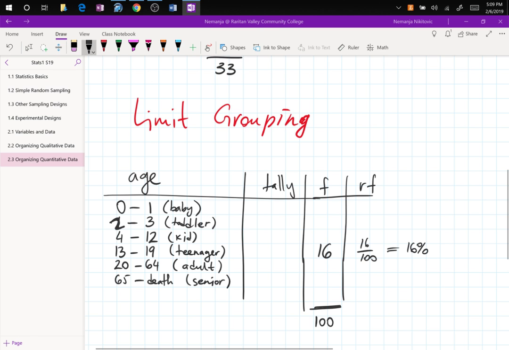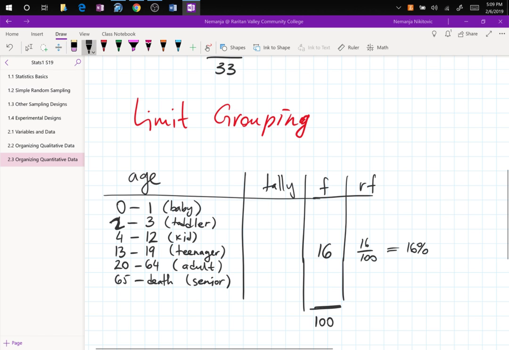So we have the limit grouping, and the limit grouping would create these classes. So you look at the subject. We said if it's a person, it's called a subject. And if the subject is 6 months, we put a tally as a baby.